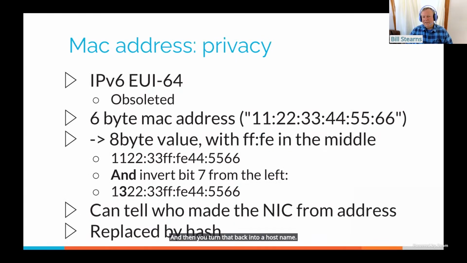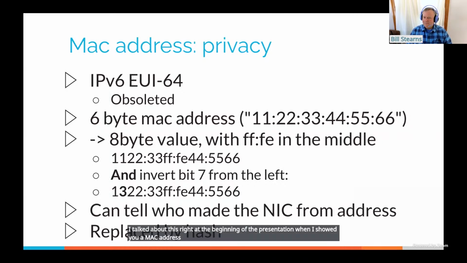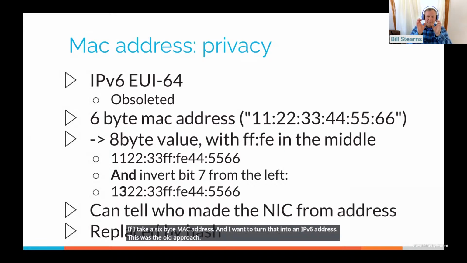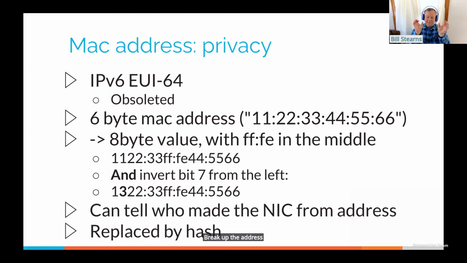I talked about this right at the beginning of the presentation when I showed you a MAC address and an IPv6 address that was constructed from that MAC address. If I take a 6-byte MAC address and I want to turn that into an IPv6 address, this was the old approach. Break up the address into two halves, 3 bytes each. Stick in FFFE in the middle.